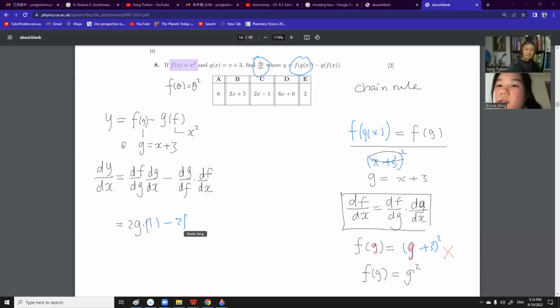Times, are you sure? g in the form of x. Yes, you have used this mathematical form, but that's not necessarily the same. I'll show you. Based on this formula, x is the independent variable.